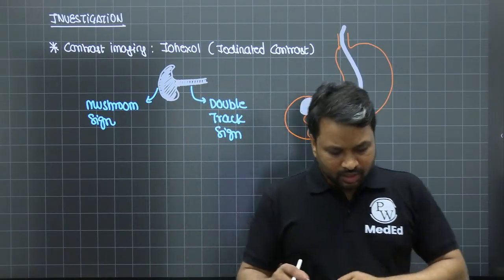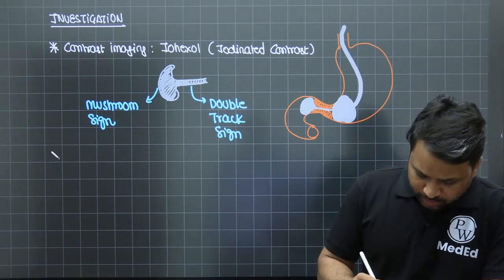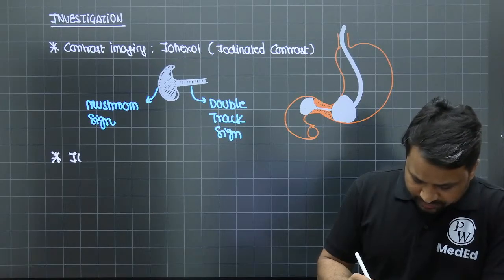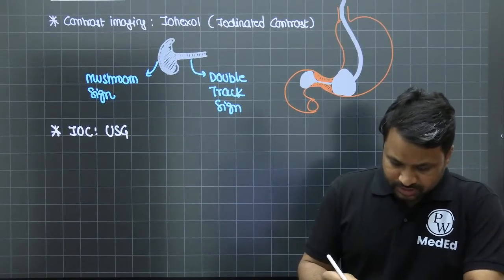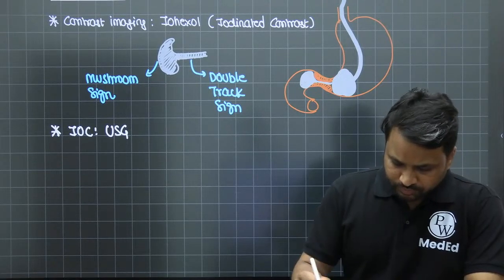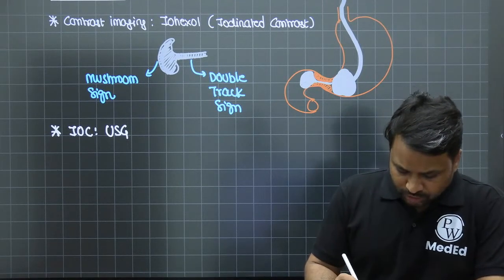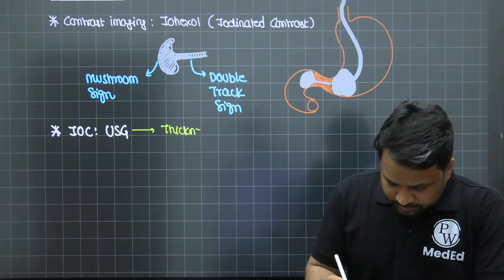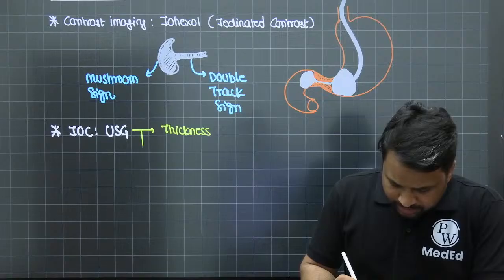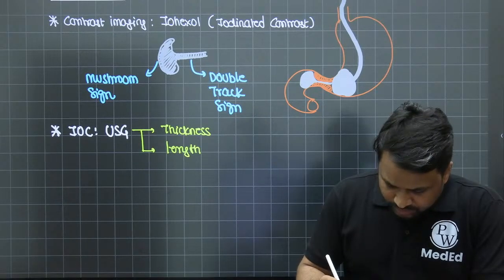Okay. On the other hand, the investigation of choice for CHPS is going to be an ultrasound. In the ultrasound, what you're going to do is measure the thickness and the length of the circular muscle.